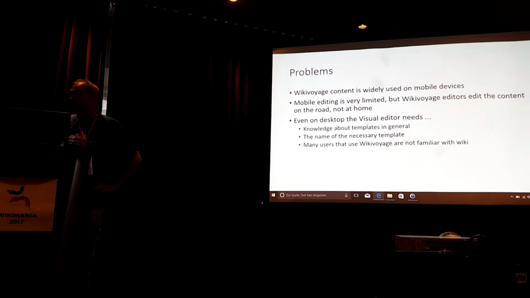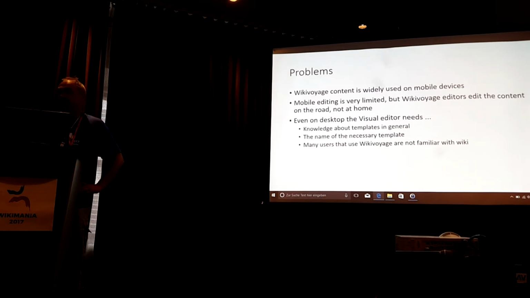And the big problem is if you have contributors who are not that familiar with the wiki software and the wiki syntax, they have no chance to add some of these listing items. Even if you use the visual editor, you should know that templates exist, and even if you know that there are templates, you should know the name of it.